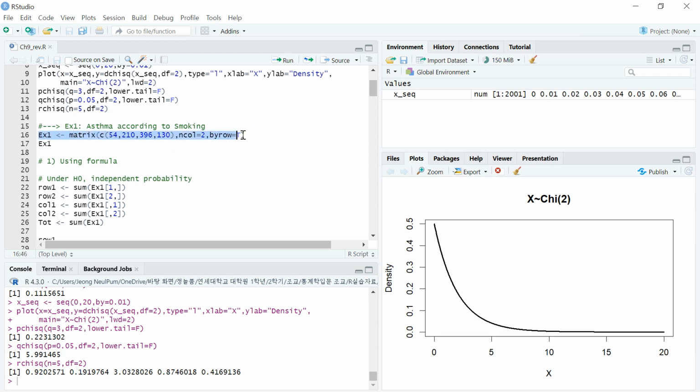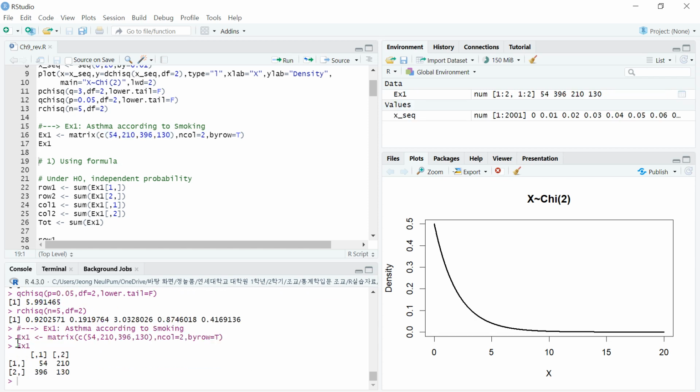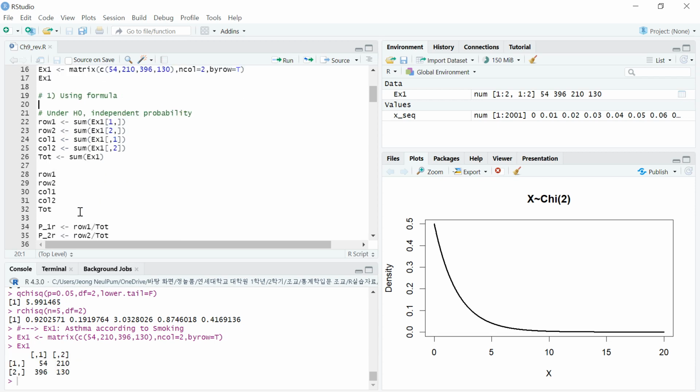This is nothing but making a contingency table by using the matrix function here. After putting in the adequate values, you can get the contingency table, which has the form of a matrix.